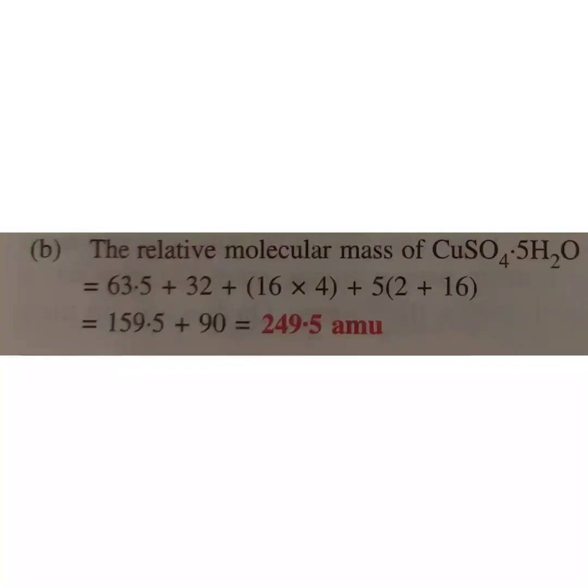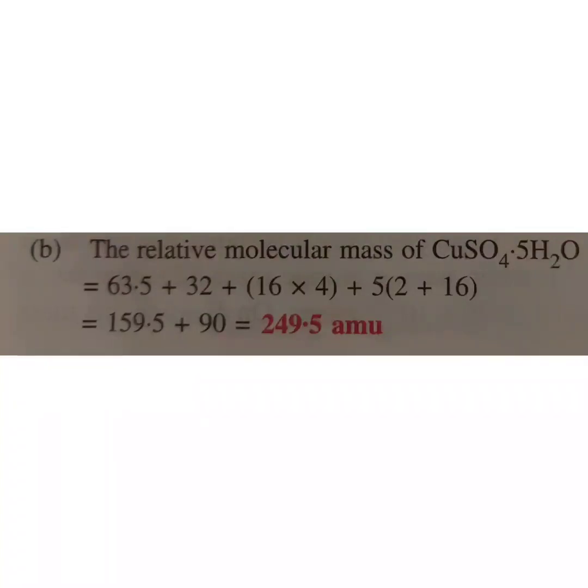To this, we should add 5 water molecules, that is 5 times the bracket of 2 plus 16. Why is 2 taken for hydrogen? Because there are 2 atoms of hydrogen, each with atomic mass 1, in a water molecule. So H2O contains 2 hydrogen atoms, so that will be 2 plus 16, the atomic mass for oxygen.